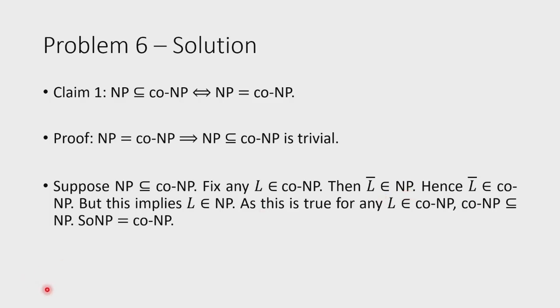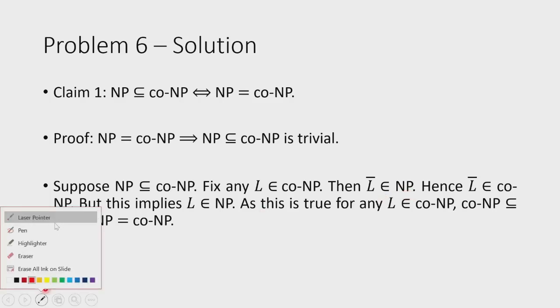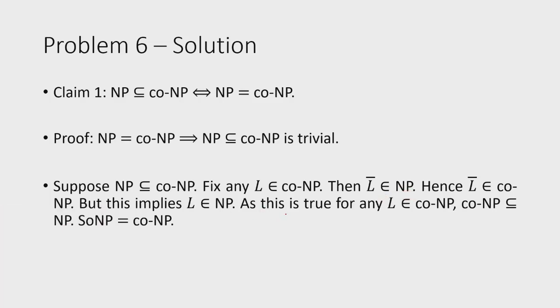So L bar is in NP, and NP is a subset of co-NP. What does this statement mean? This just means that for all A in NP, A is also contained in co-NP.